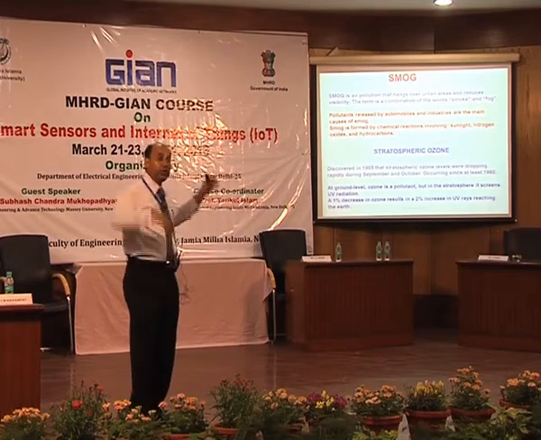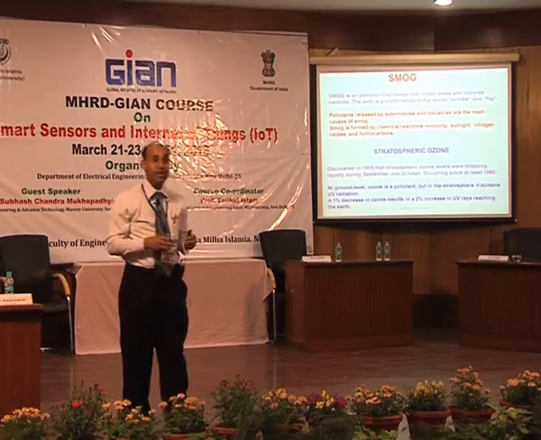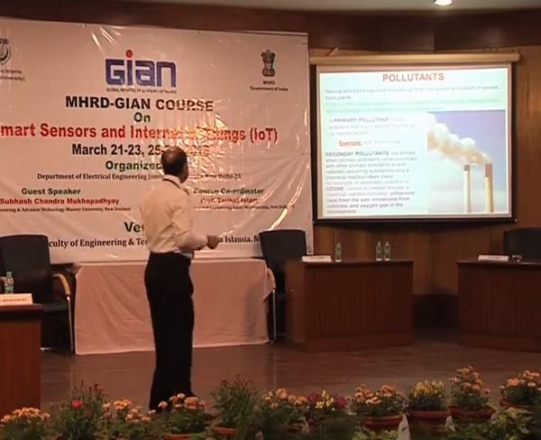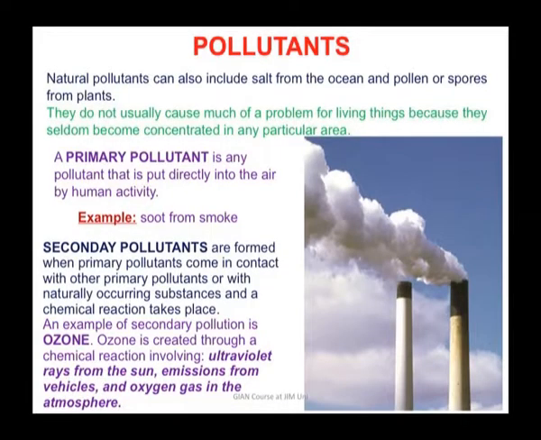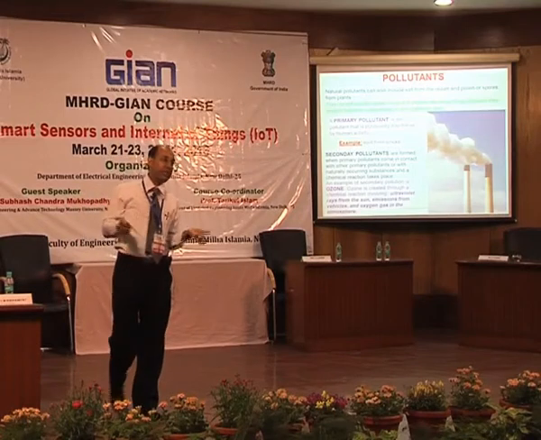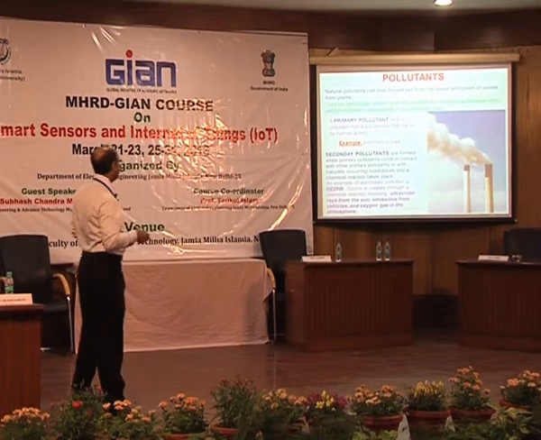So ozone is very good in the upper layer, but when it's down low, it's a harmful thing. So we can have sensors for that. And then of course the pollutant level: sometimes you have a primary pollutant which itself makes the pollution. Sometimes a primary pollutant reacts with another, some chemical reaction takes place, and then you have pollution called secondary pollution.